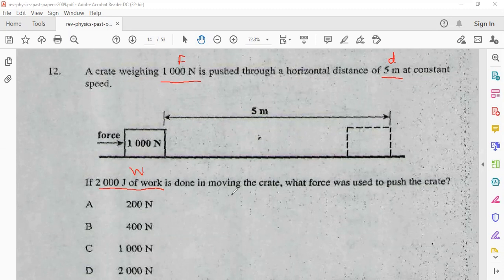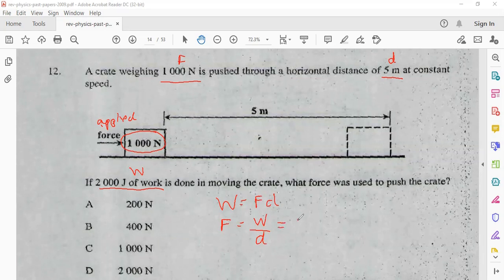Now remember, the force in this is not the weight of the object. It's the applied force, the force that was applied to the object. All right, so we're going to need to manipulate this equation. Force is going to be equal to work over distance.